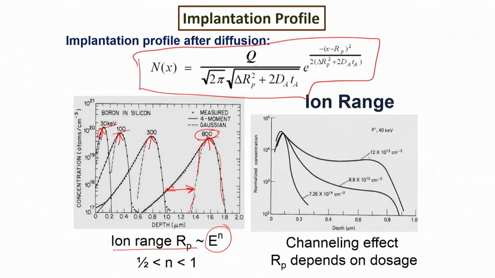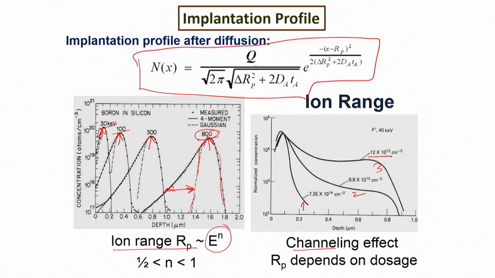Similarly, as we increase the dose, say for example from here to here and here, where the dose is the highest, the ion range increases. So the depth up to which the penetration occurs, the total range, increases. That means even at the same acceleration voltage, if the number of ions per unit area arriving at the surface is larger, the collision events will be more violent or more aggressive, and as a result the penetration depth will be larger.